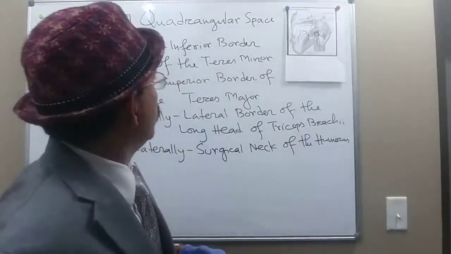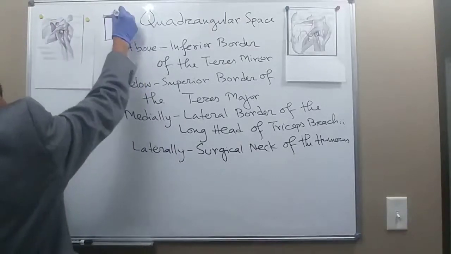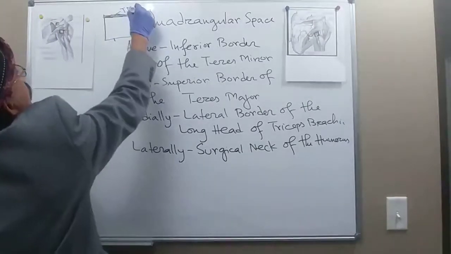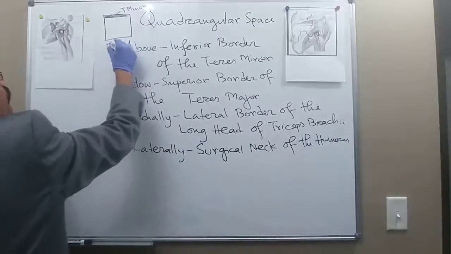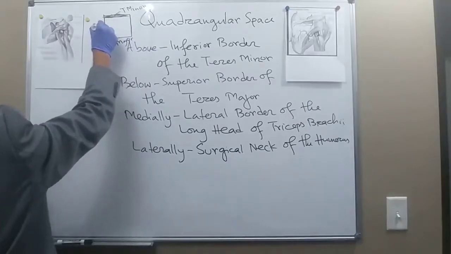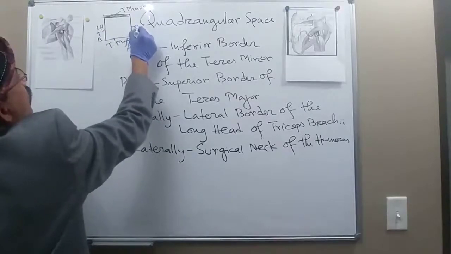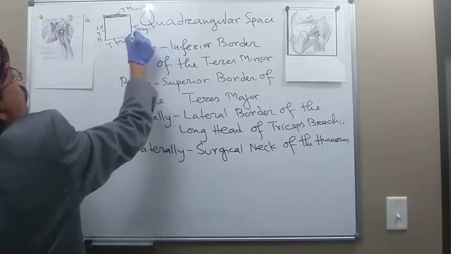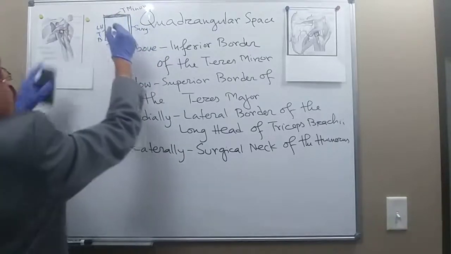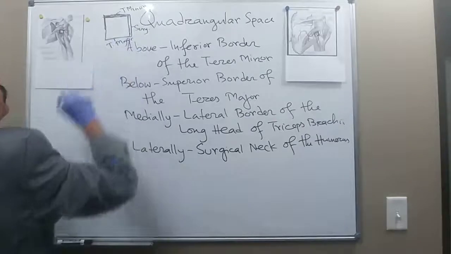So this is teres minor, this is teres major, this is the long head of Triceps Brachii, this is the surgical neck of the humerus, this is the humerus.